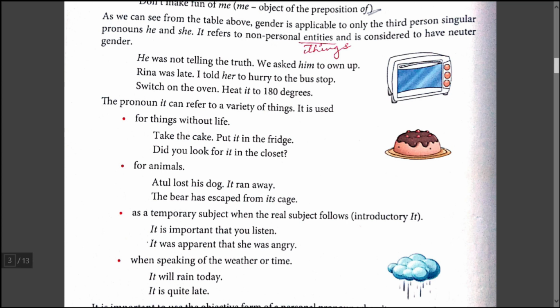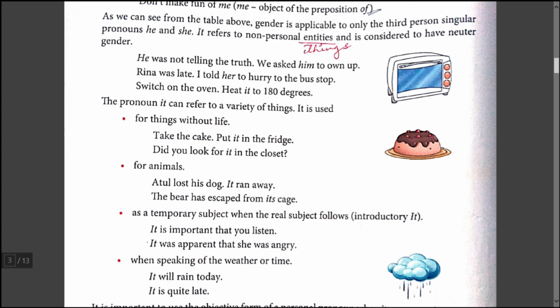But it refers to non-personal entities, that is things or even babies or animals, and is considered to have neuter gender. Neuter gender, when you don't know whether, like bucket is what? It's not male or female, so it is neuter gender.